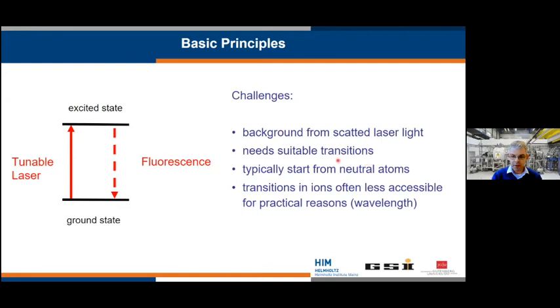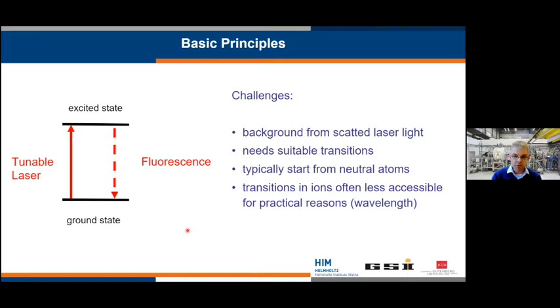This might not sound like something important, but in practical terms, sometimes we would rather have an easier time starting from ionic systems, but then the transitions may be in unfavorable regions. Mostly the wavelengths would be more in the ultraviolet, where at present we still have limited availability of laser systems. So this problem can be circumvented.